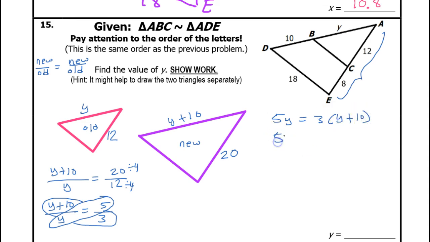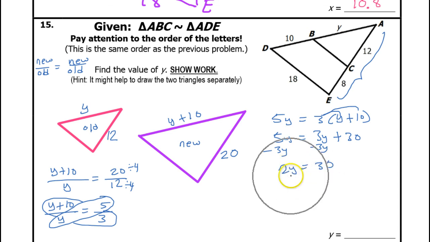So that's going to give me 5y is equal to 3y plus 30. Obviously I did the distributive property just then. Subtracting 3y from both sides, that gives me 2y is equal to 30. And dividing both sides by 2, I get y is equal to 15.